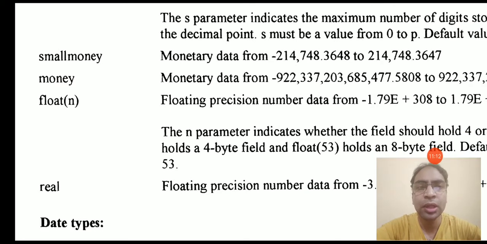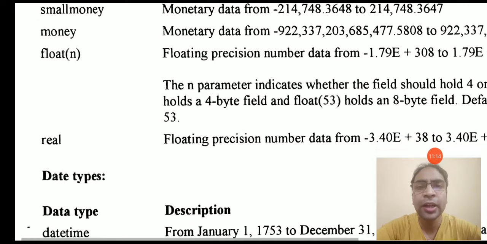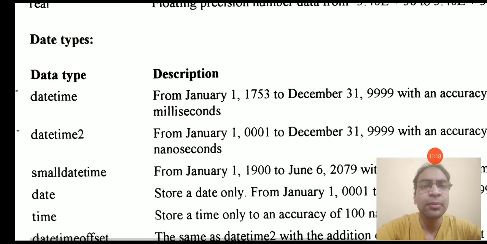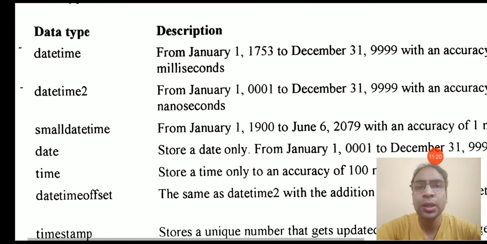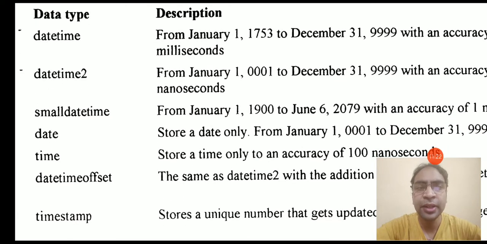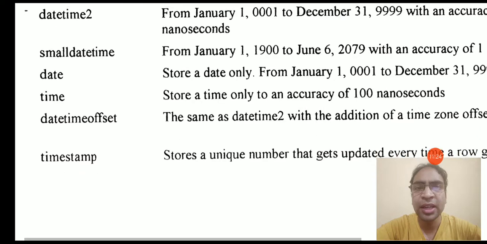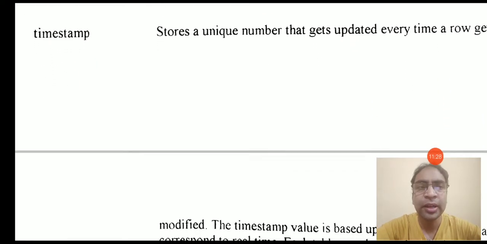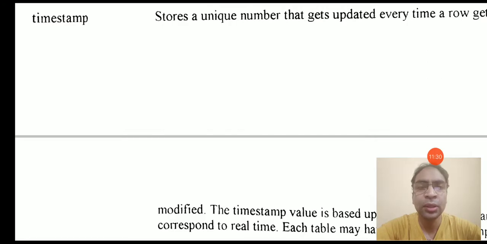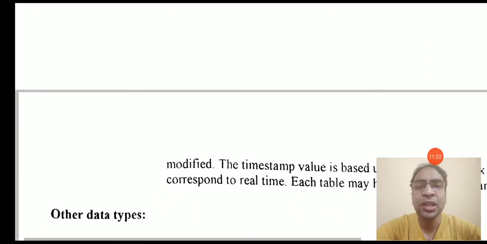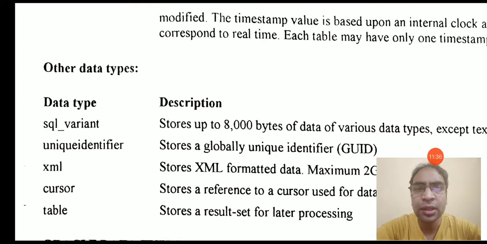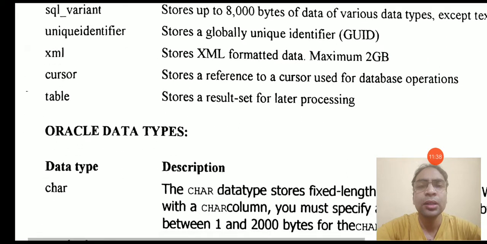Money is similar to the currency in Access. We have seen float data type, real data type, and other data types are date, time data type. Then we have small date time, date data type, time data type, and timestamp data type. So these are the common data types that are available in most of the complex DBMSs. Some other data types are SQL variant and unique identifier.